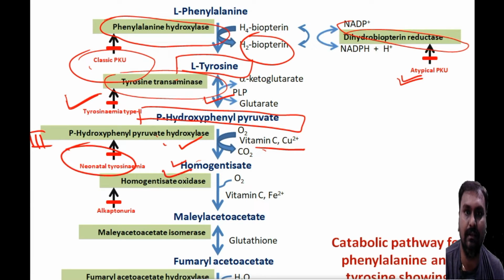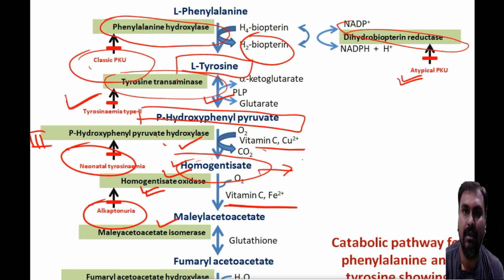This homogentisic acid is converted to maleylacetoacetate. Again it requires vitamin C and iron, and if homogentisate oxidase is deficient, it leads to alkaptonuria. The accumulated homogentisic acid is converted to benzoquinone acetate, and it polymerizes to the alkapton body, which is a black-colored pigment.